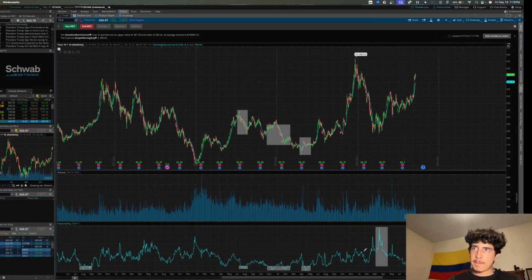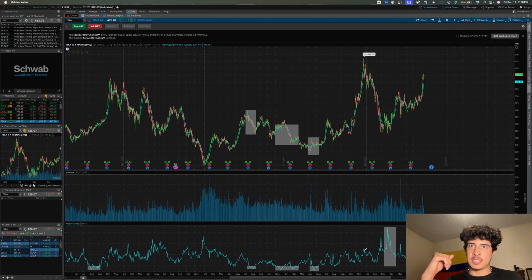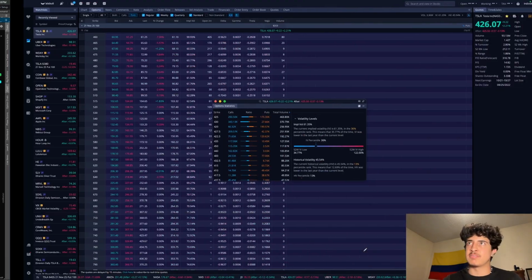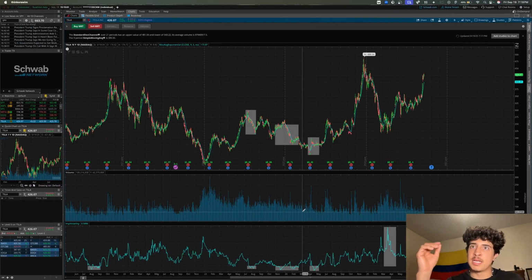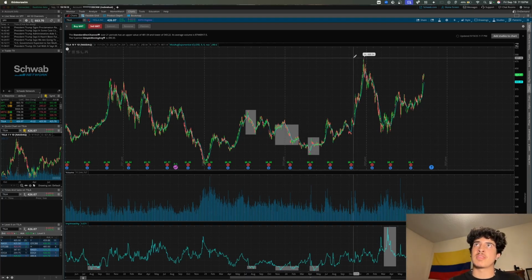So if you really want to think about how you can benefit from options, first I want to explain how you can make money on the reverse side. So volatility arbitrage. What is volatility arbitrage? It's basically where you are profiting off of mispricings in implied volatility. You can take a look here.